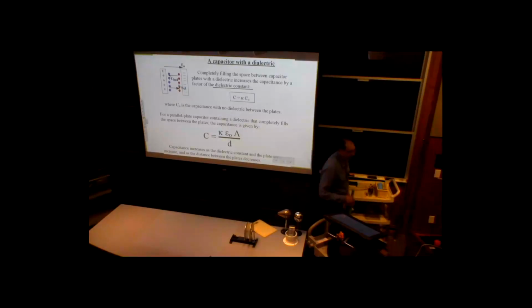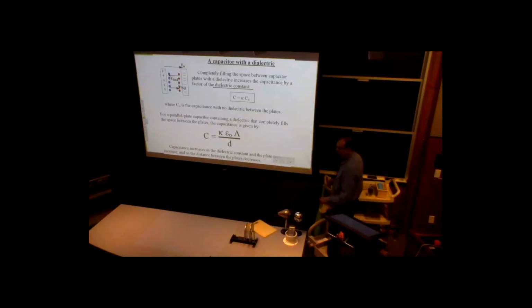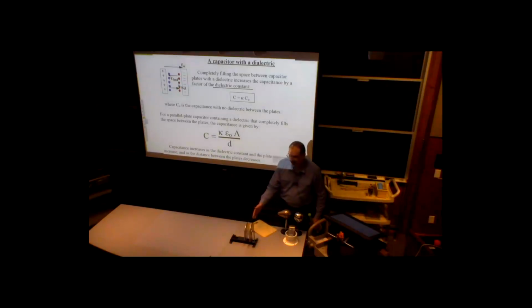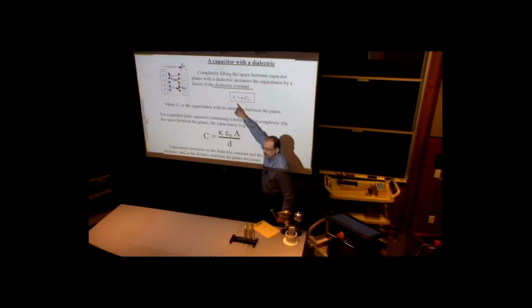That is why, if we want to increase the capacitance of a parallel plate capacitor, we can fill it up with something, with wax, for example, or plastic. And to relate the new capacitance and the old capacitance: this is the capacitance of a capacitor with vacuum or air, which doesn't do anything, and this is the capacitance with some material.